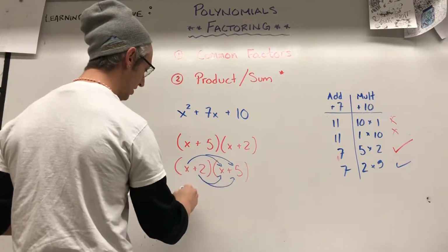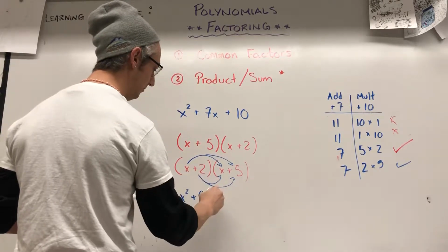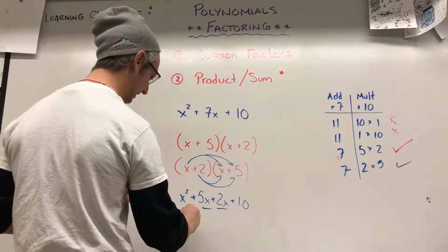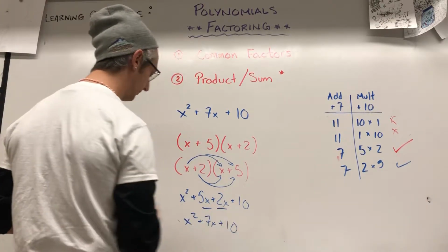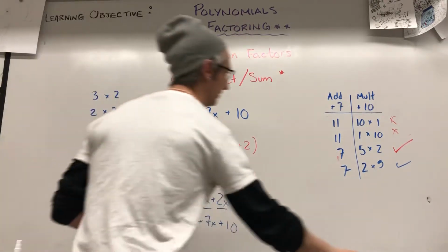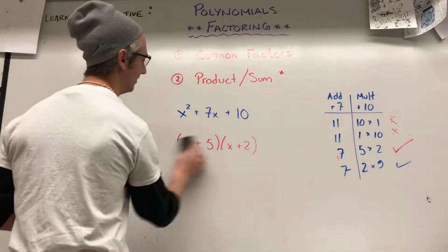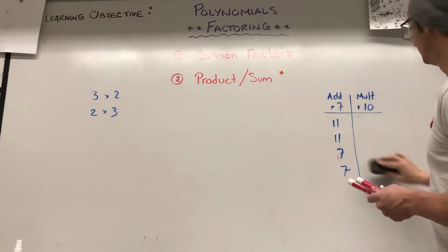I get x squared plus 5x plus 2x plus 10. I collect my x's, I get x squared plus 7x plus 10. Okay, great. Let's increase complexity slightly. Ever so slightly. I'll get my table ready again.